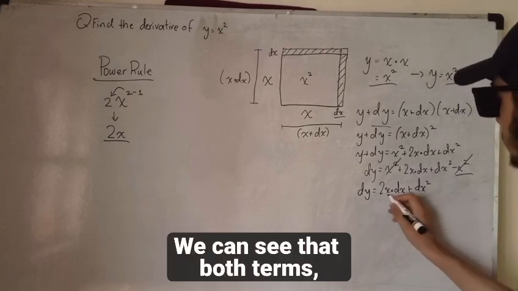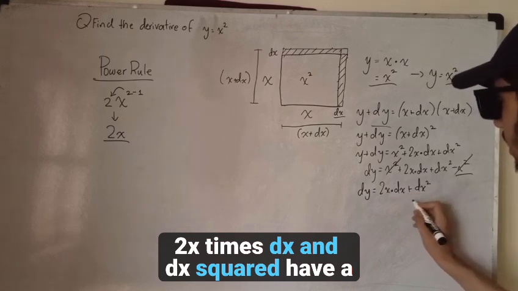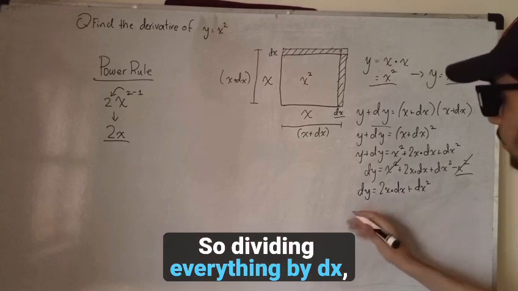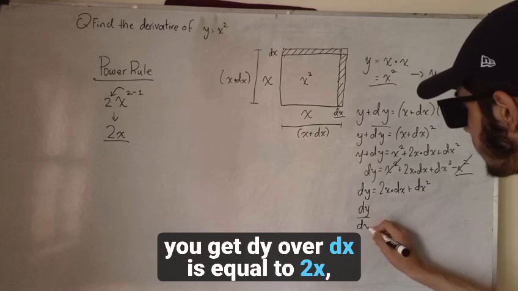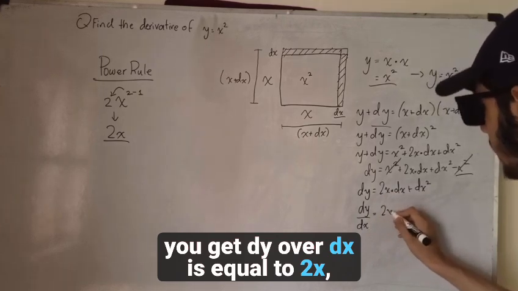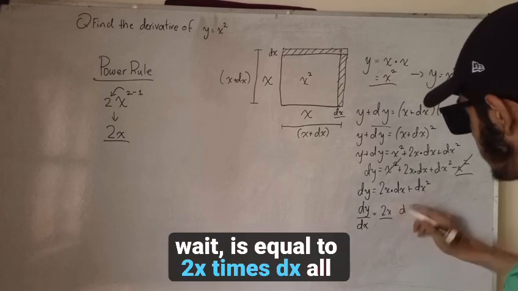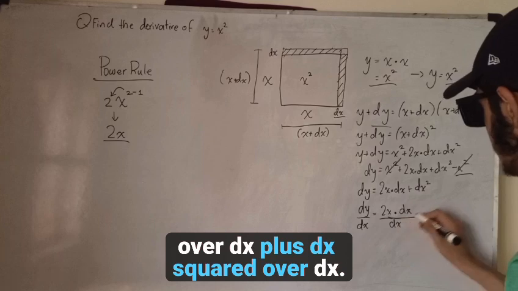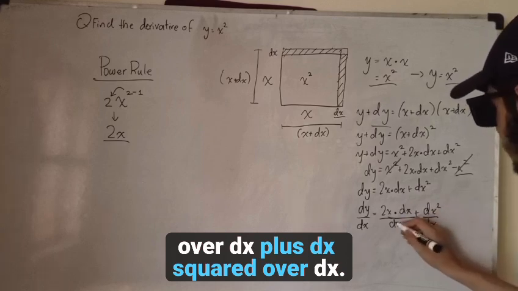But this is not our final differentiated form. We can see that both terms, 2x times dx and dx squared, have a common factor of dx. So dividing everything by dx, we get dy over dx is equal to 2x times dx all over dx plus dx squared over dx.